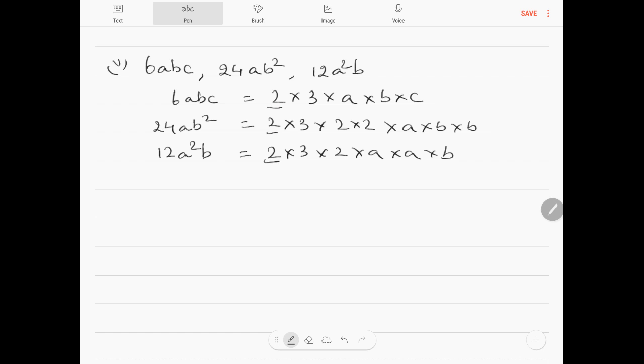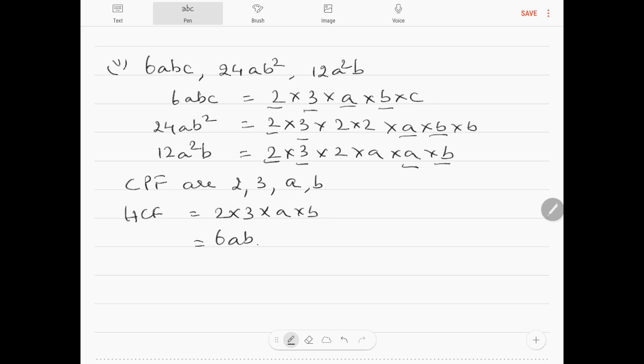Here 2 is common in all three terms, 3 is common, then a is common, b is common, that's it. So the common prime factors are 2, 3, a, b. HCF is 2 into 3 into a into b, which is equal to 6ab.